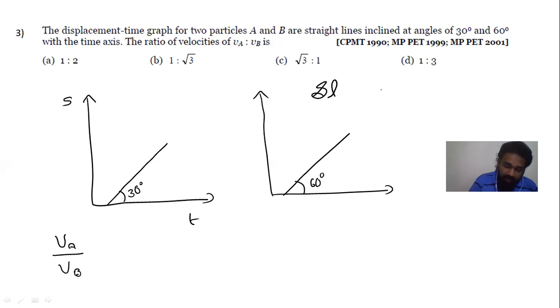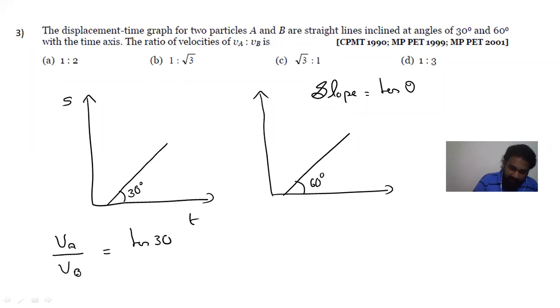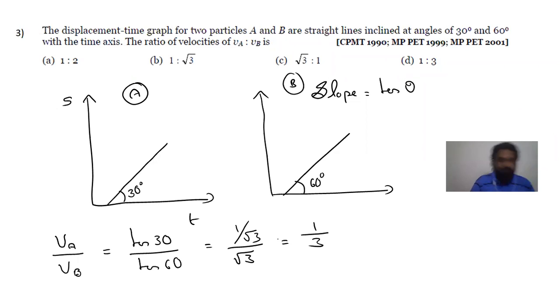Slope is equal to tan theta. So VA by VB is equal to tan 30 divided by tan 60, suppose this is for body A and this is for body B. So this is 1 by root 3 divided by root 3. We will be getting 1 by 3.